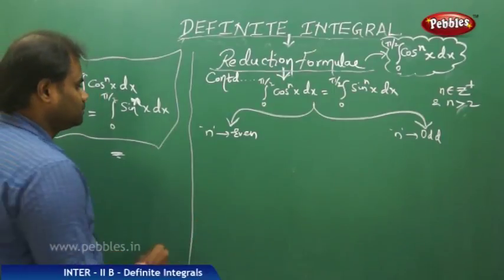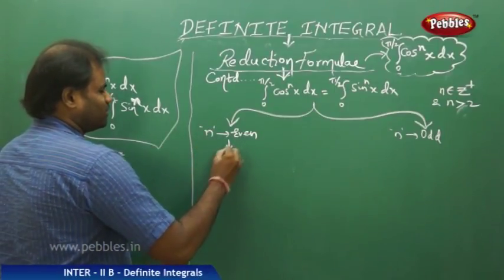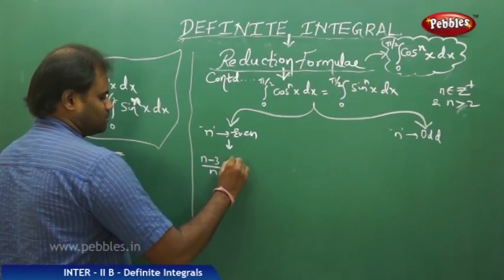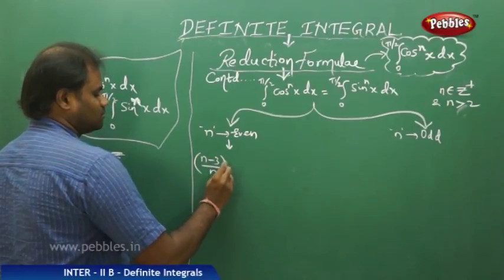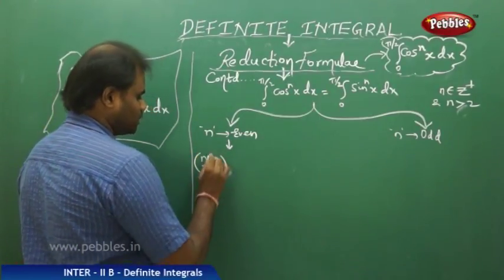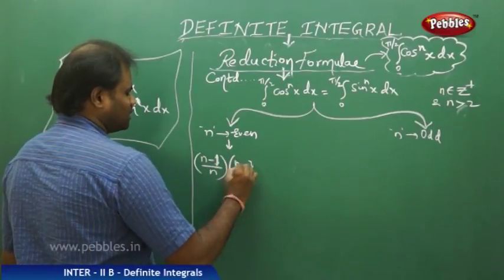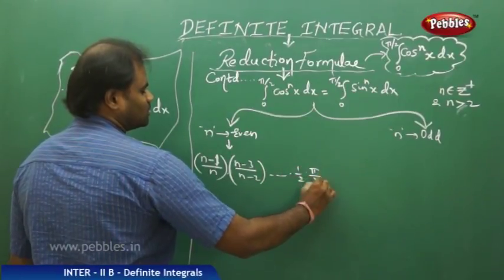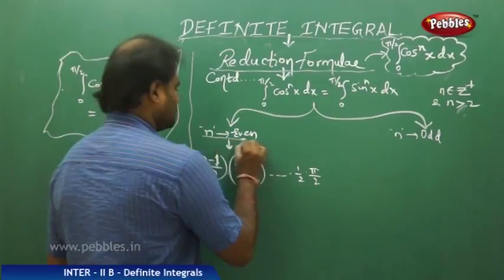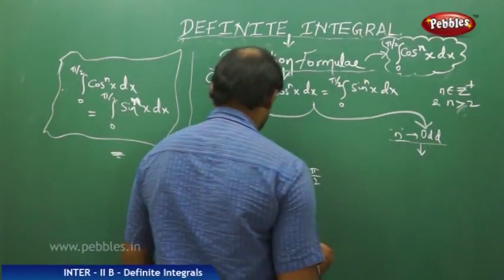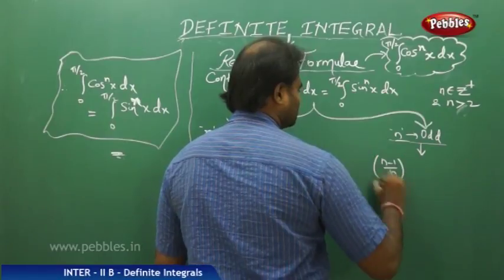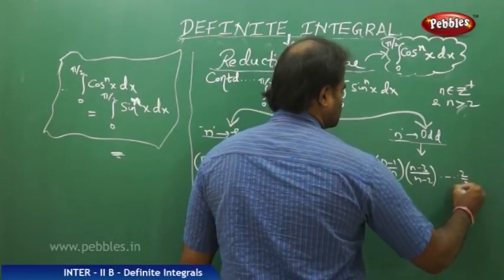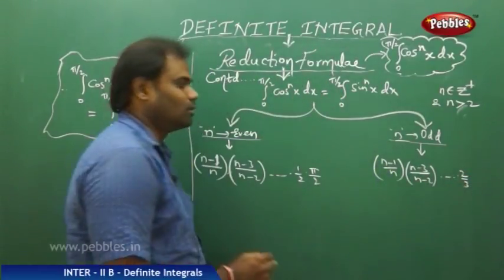Then we have, for n even, the formula n minus 1 by n and n minus 3 by n minus 2, and so on and so forth till 1 by 2 times pi by 2 if n is even, and this will be n minus 1 by n times n minus 3 by n minus 2, till 2 by 3 if n is odd.